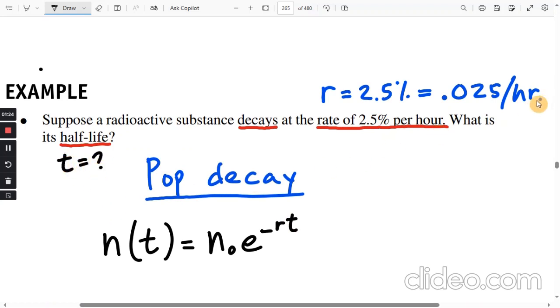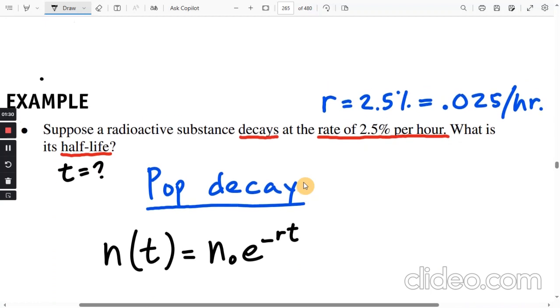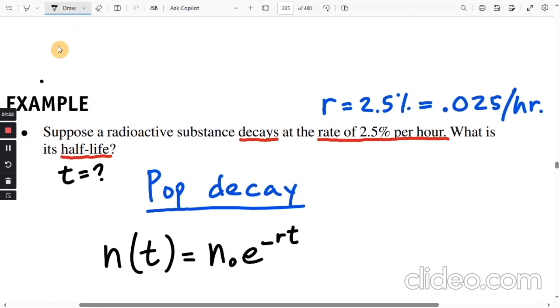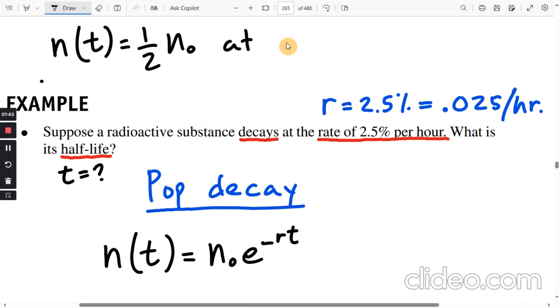And it's going to be in hours if we plug in the rate per hour. So at the half-life, N of t is going to be half of the original, for t equals whatever.